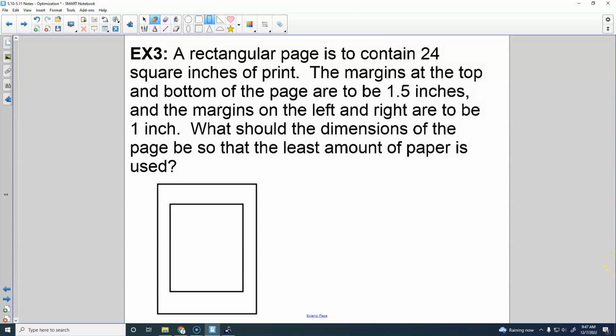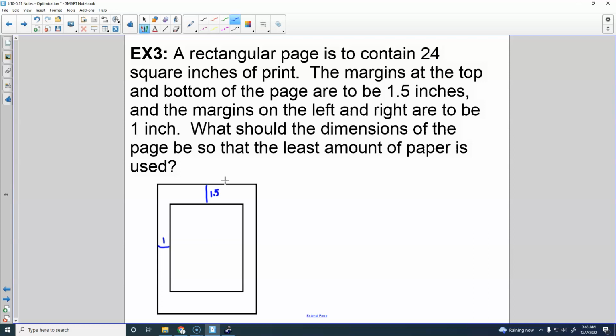Something like this. All right, so we know that our length here is 1. Our length here is 1.5. And so we know we want to contain 24 square inches of print. That is the inside part of this.